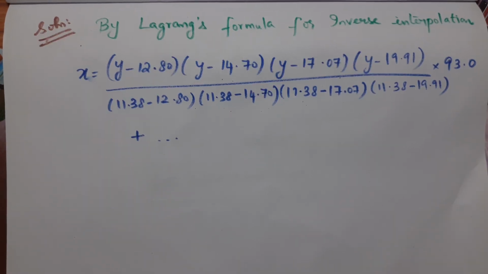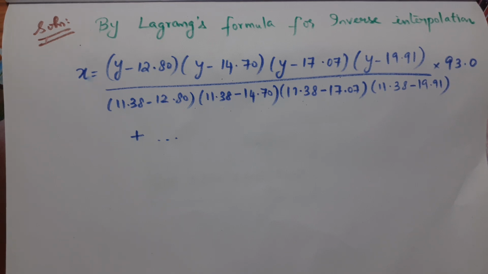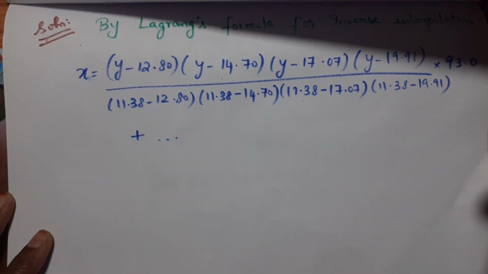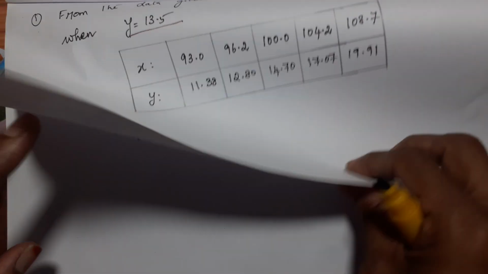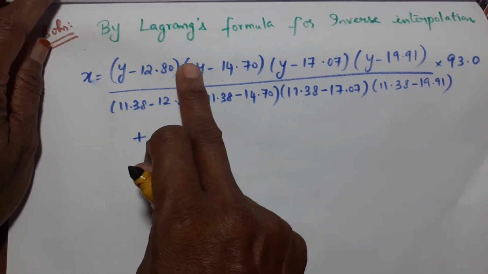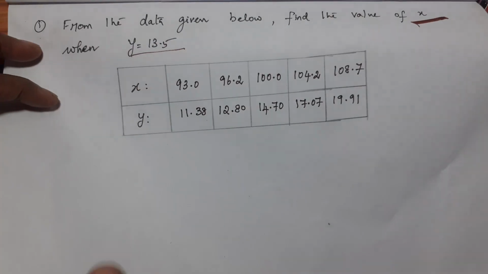On applying the formula, x is equal to y minus 12.80 into y minus 14.70 into y minus 17.07 into y minus 19.91, divided by, every y value has to be replaced by the first value 11.38. The same terms, but instead of y, we take the first y value.